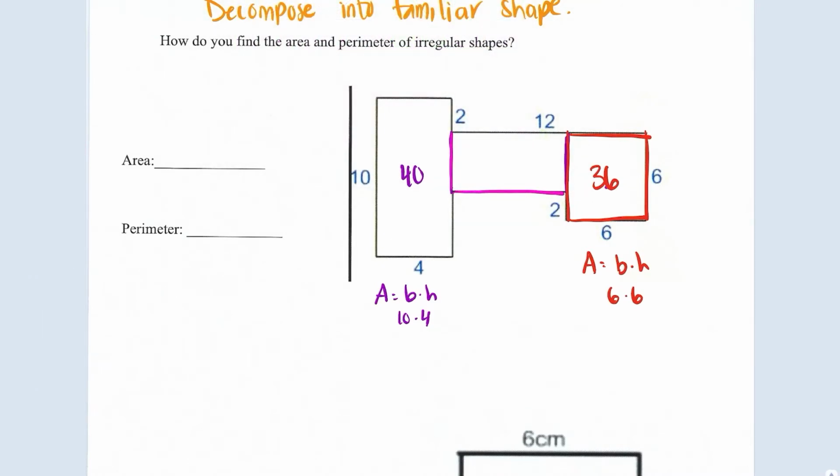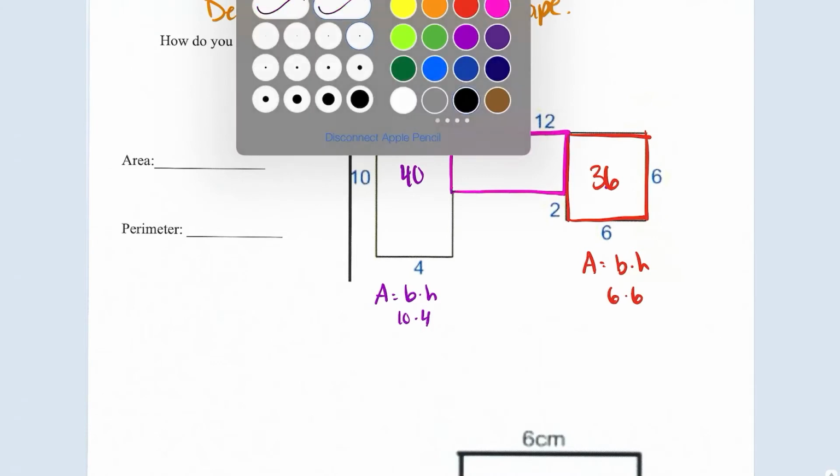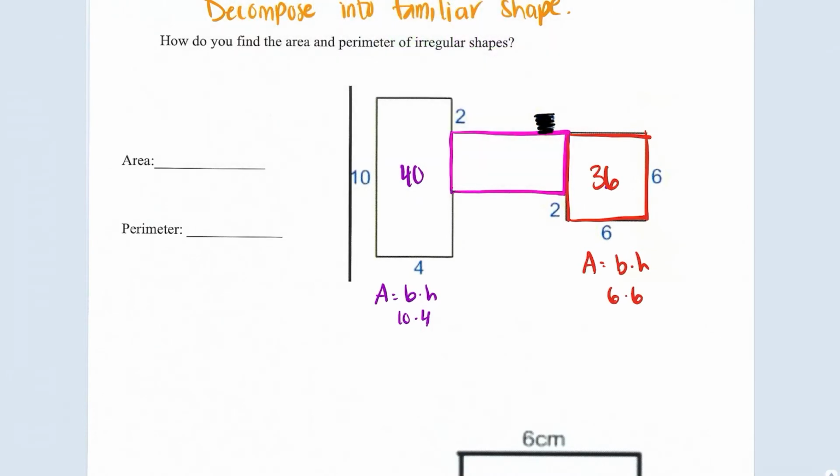The only thing that's concerning to me is that I don't have any of the dimensions. So bear with me for a second. I know that from here all the way to the end is 12, just like they told me. Now, taking a look over here, where my star is, this red shape is a square.